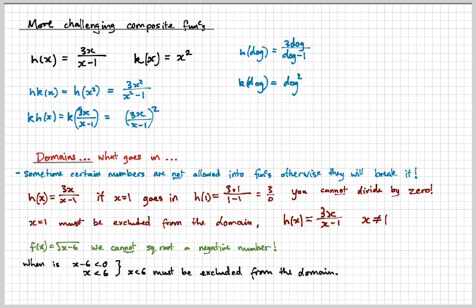These are the two types of questions you get about domains: times when you divide by 0 and times when you have to square root a negative number. Okay, so you may see the following written. You may see f of x is equal to the square root of x minus 6, but x has to be bigger than or equal to 6 for the function to work. If you put anything less than 6 into the function, then the function breaks.